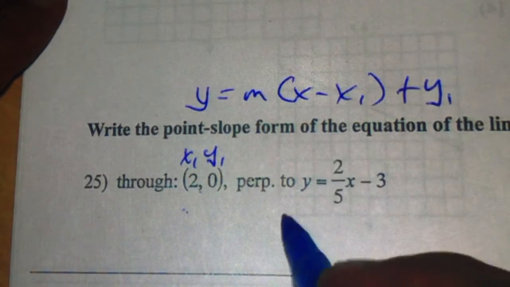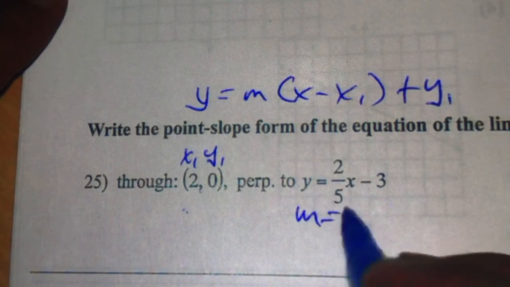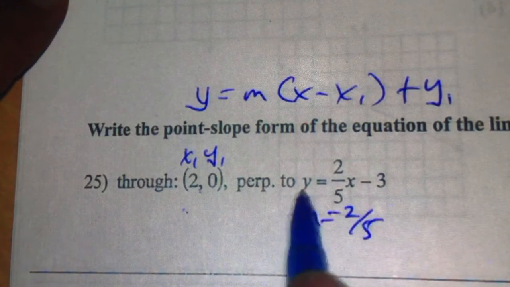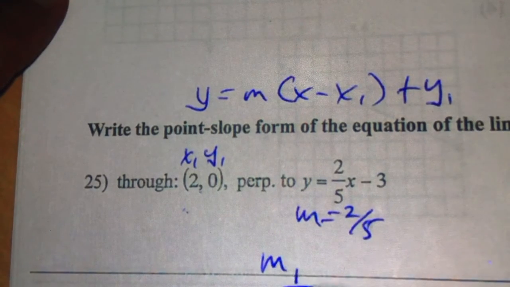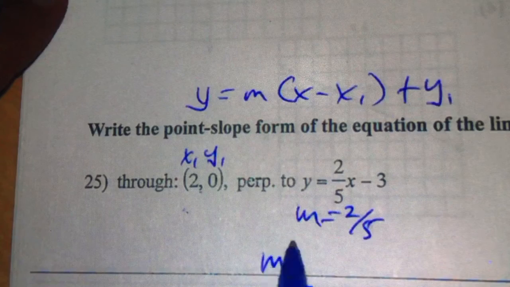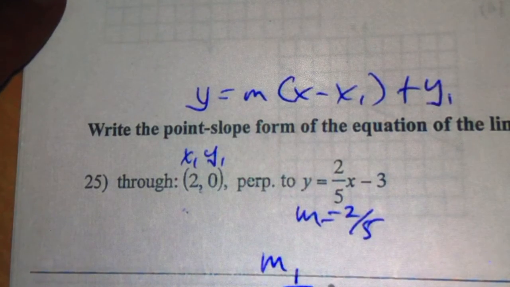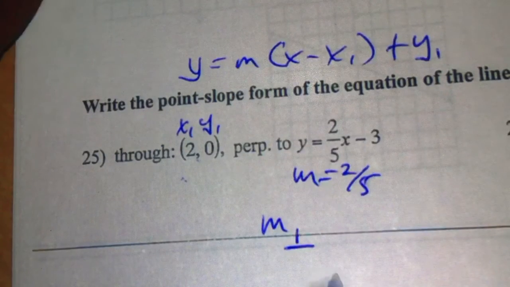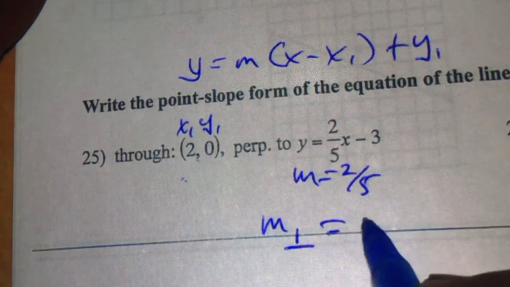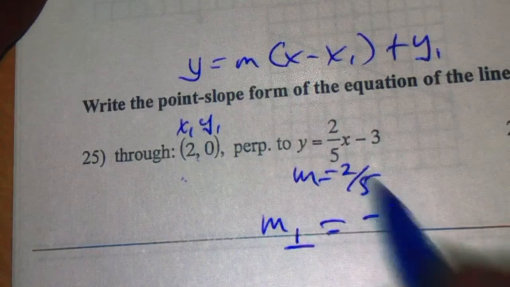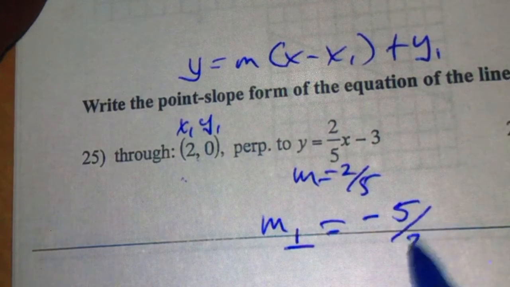Now the slope of this line, m equals 2/5, but we're looking for the slope of a line perpendicular to that line, and that means we're looking for this. We put this perpendicular sign, m perpendicular is the line we're looking for. And that is the opposite reciprocal. So the opposite means it's minus, because this is plus, and reciprocal means we flip it.